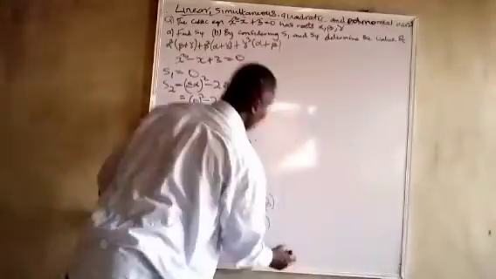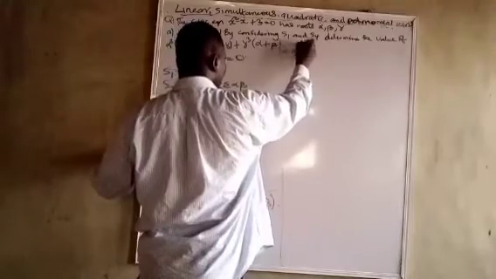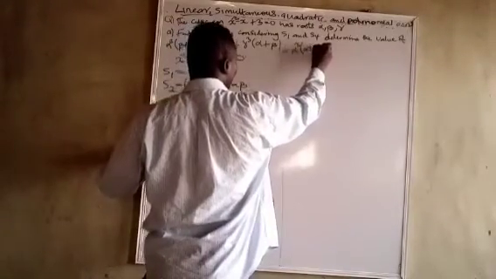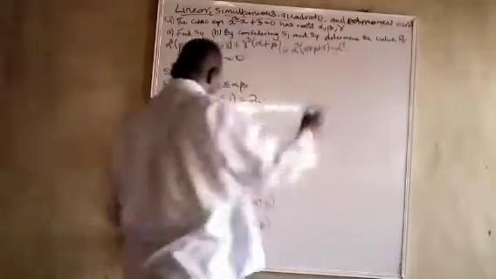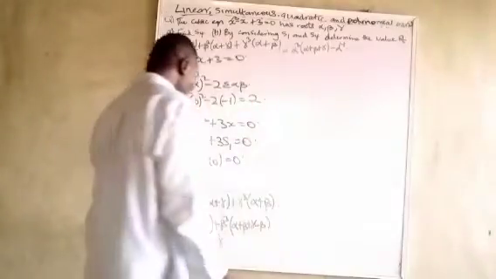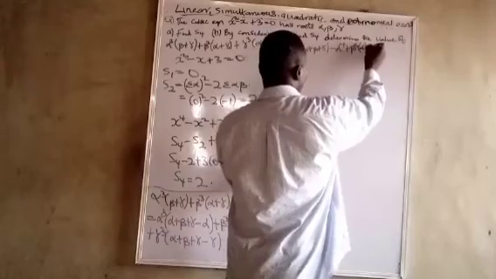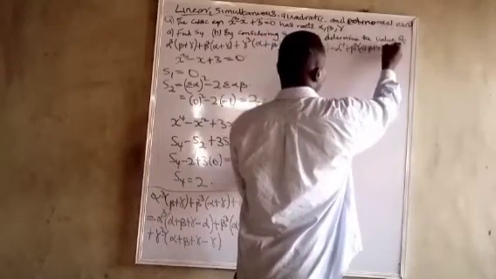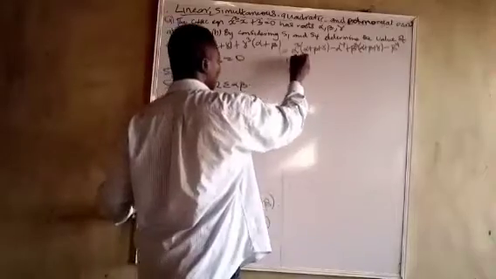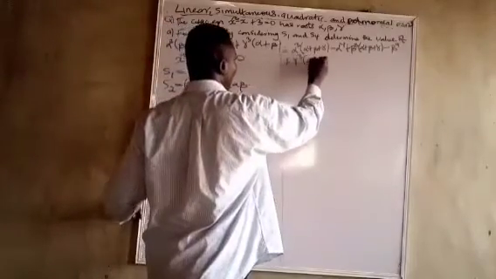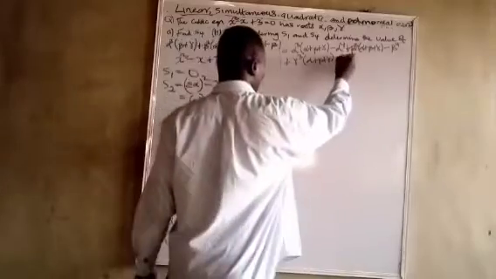So it's now going to give us alpha cube into alpha plus beta plus gamma, minus alpha raised to the power 4. This one multiplied by this, minus alpha raised to the power 4, plus beta cube into alpha plus beta plus gamma, minus beta raised to the power 4, plus gamma cube into alpha plus beta plus gamma, minus gamma raised to the power 4.